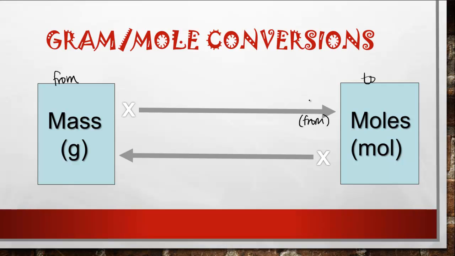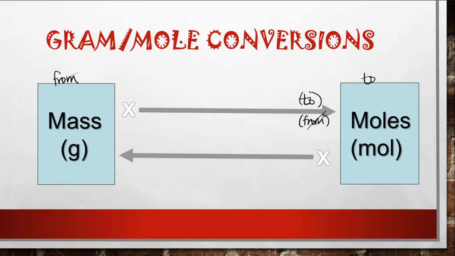What we are changing to always goes on top. That way, when we actually do the math, we cancel out our froms and are left with our tos. So hopefully, if we're going from mass to moles, we cancel out mass. The only unit we have left is moles, so we've actually gone through that conversion. So remember, that's a little review on simple dimensional analysis.